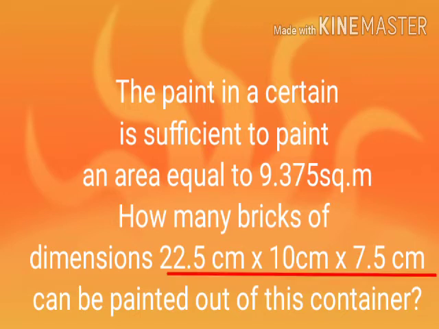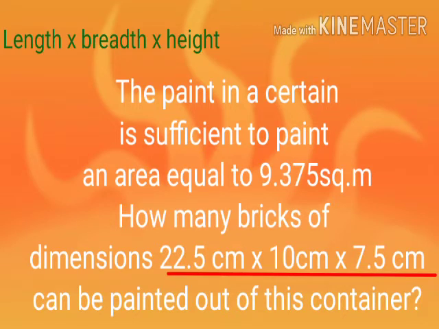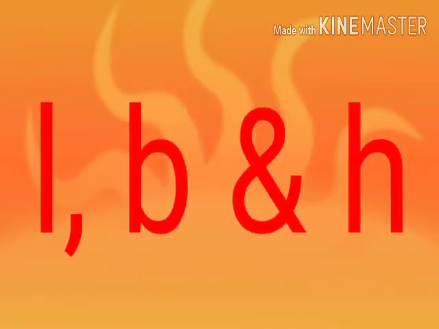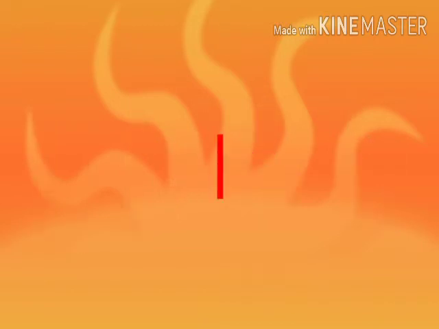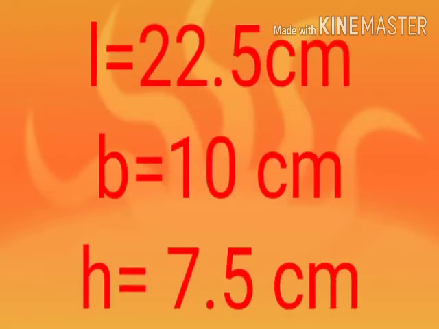Here 22.5 centimeter by 10 centimeter by 7.5 centimeter is given, which is length by breadth by height. So from the question we got the values of L, B and H as 22.5, 10 and 7.5 respectively.